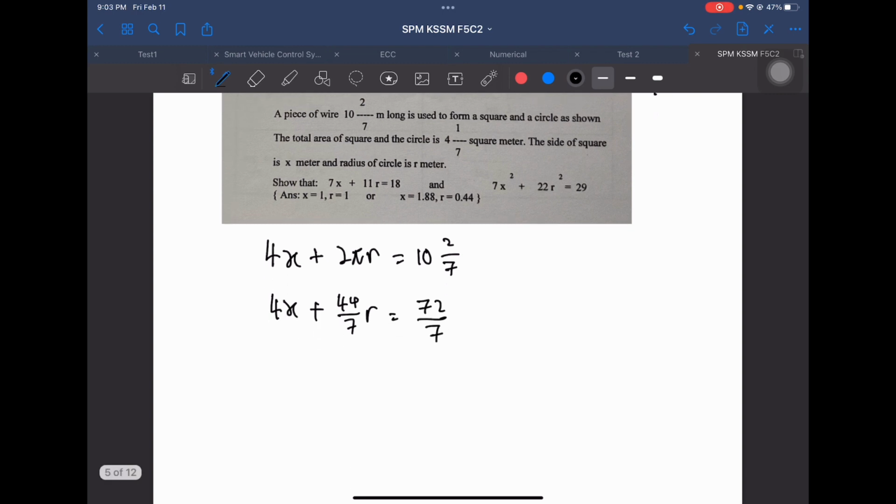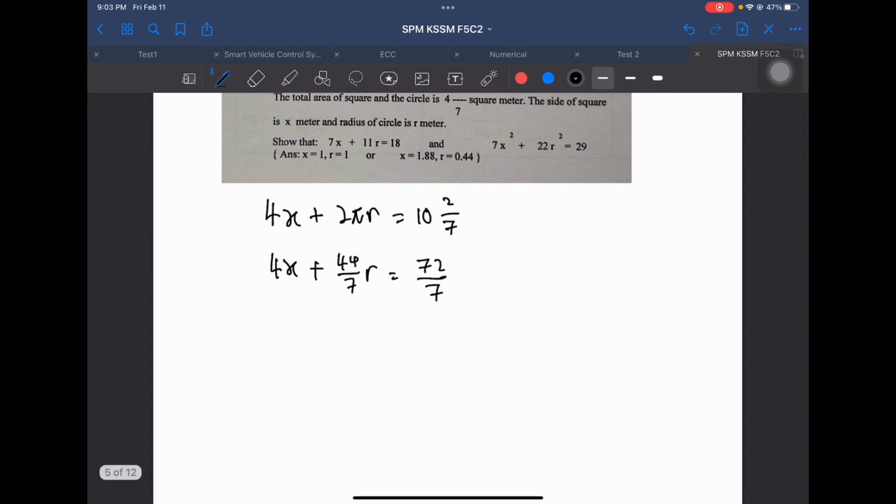So from here you need to times 7 in order to get rid of this denominator, and then since all the coefficients can be divided by 4, you times this equation with 7/4. Then you get 7x plus 11r equals to 18, which is what we're gonna prove right up there.